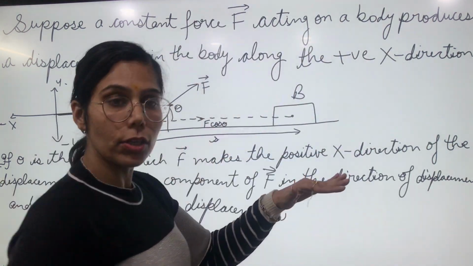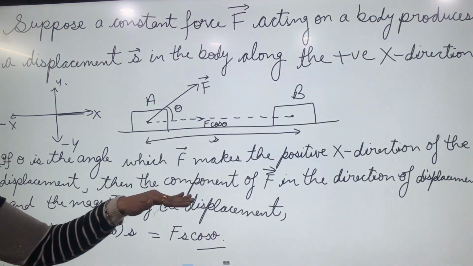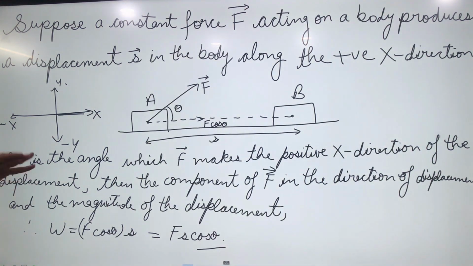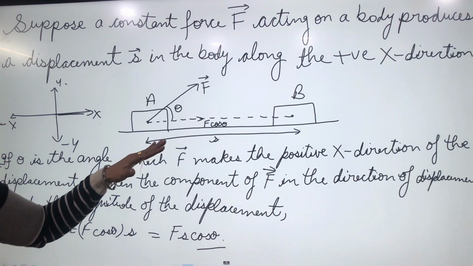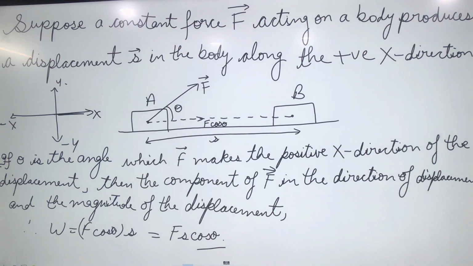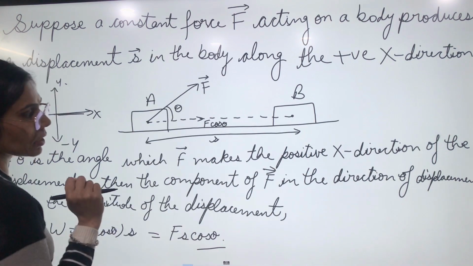We are using the horizontal component, that is F cos theta. So don't get confused. The component of the force here is F cos theta, which is in the same direction as the displacement.